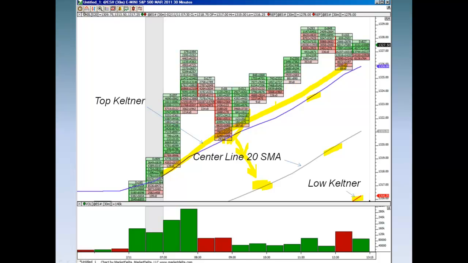If in fact prices started dropping, fell below the 20 simple moving average, and then started to drop even lower than the low Keltner, well, certainly now the market is telling me that things are changing, and the direction of the market may in fact be taking a complete different turn. This is how we use these tools.